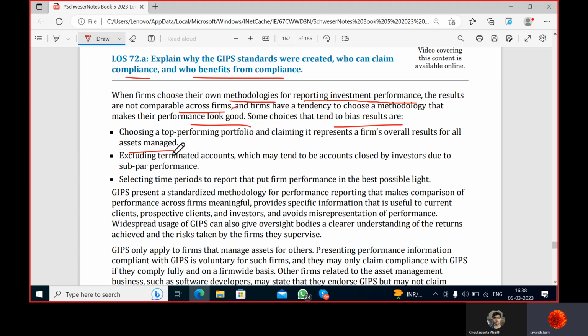Sometimes the choices firms make don't match the actual results, or they produce biased results. They choose the top performing portfolio and claim that it represents the firm's overall results for whatever assets they are managing.